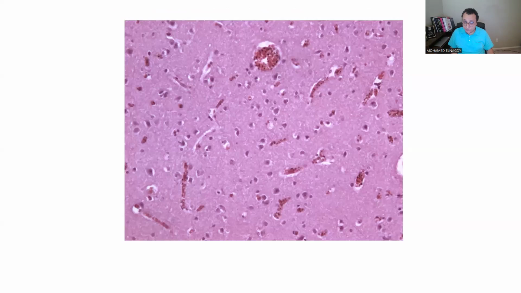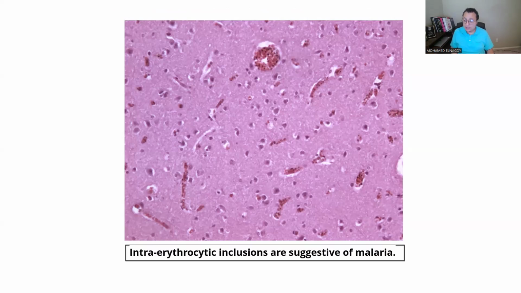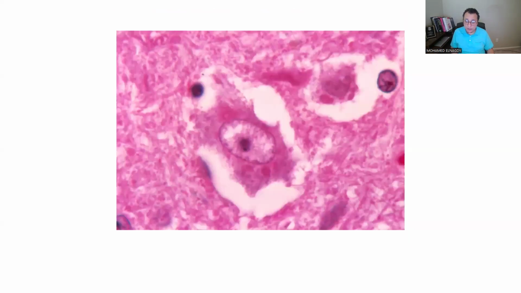And then you see vessels with RBCs and intraerythrocytic inclusions, like small blue dots inside the erythrocytes in the vessels. That's malaria. It's malignant malaria, and usually it's Plasmodium falciparum. And then you see these red dots inside the cytoplasm and in the nucleus of the neurons. That's Negri bodies for rabies.